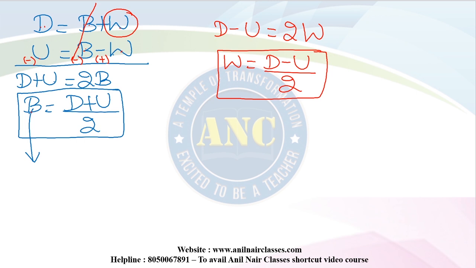And W is (D minus U) by 2, and W is the speed of water current, or speed of water, or speed of current, or speed of stream. There are so many terminologies, as I said already. I hope you are very clear with these four equations.